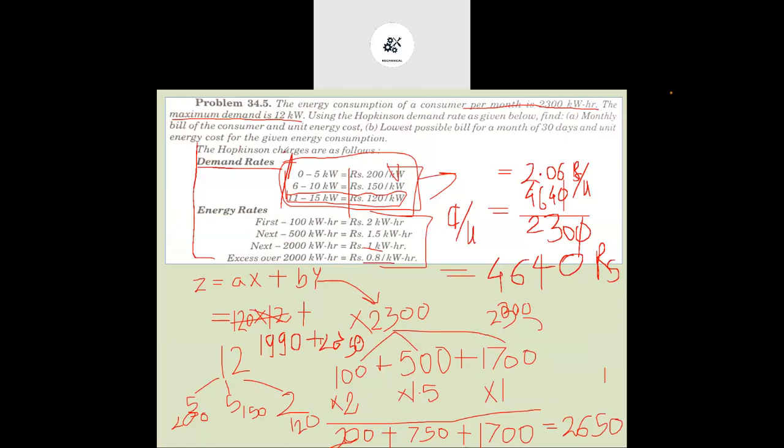So this is what we calculated first, the monthly bill of the consumer and the unit energy cost. Here they ask to use the Hopkinson charges method or the tariff method. In many numericals we have to use a different method, and that method will be mentioned in the numerical.